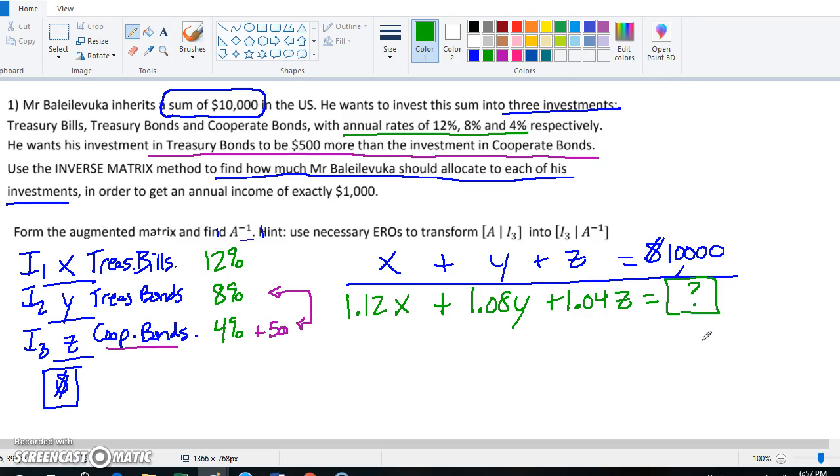Okay, so where do we see something about how much money he wants to make on these investments? Okay, he wants to get an annual income of $1,000. So I think this number down here has to be $1,000.